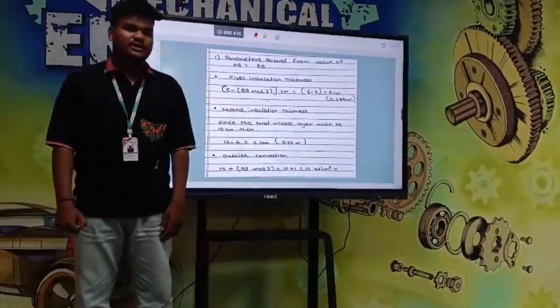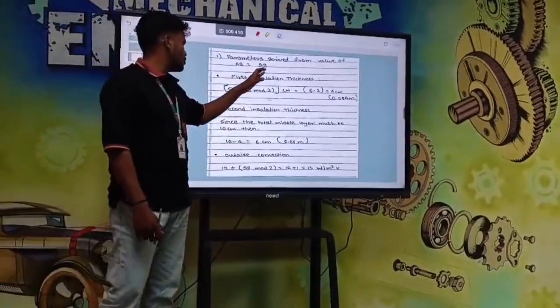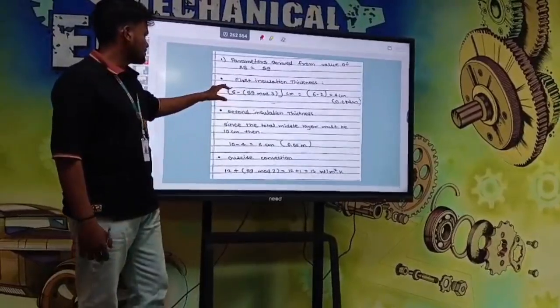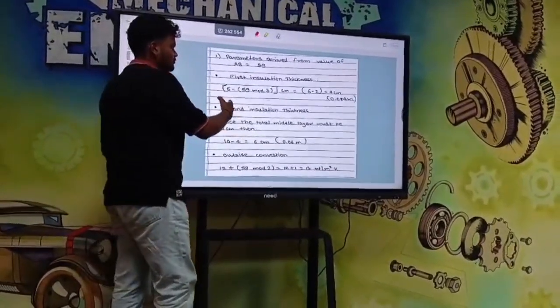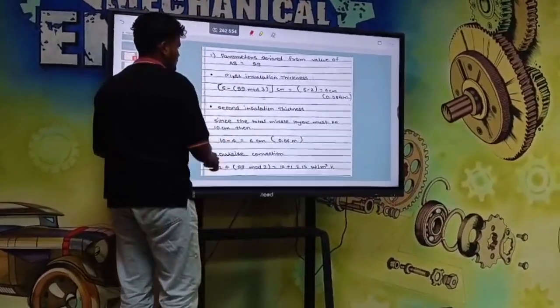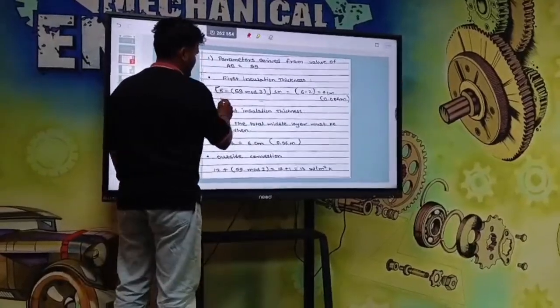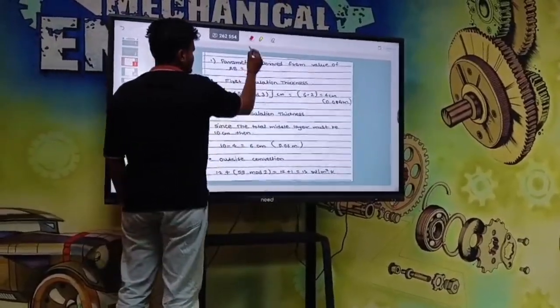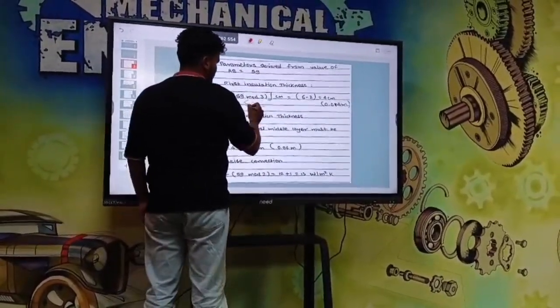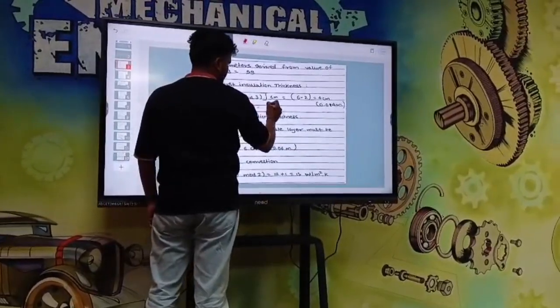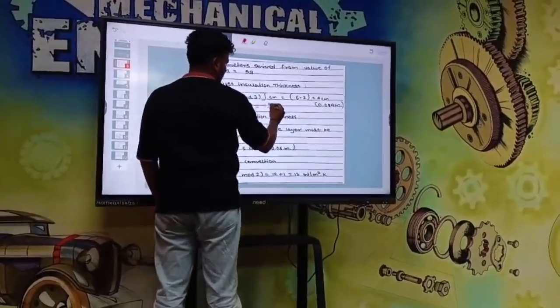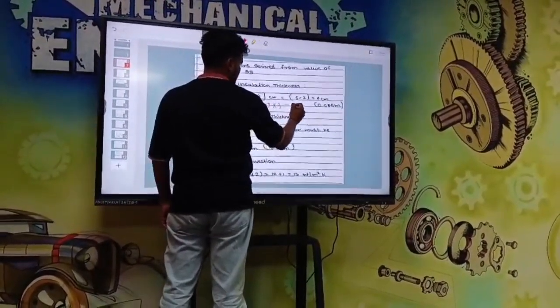The first number is 59, so I have taken the value of AB as 59. First I calculated the first insulation thickness. In that, 6 is constant, and 59 mod 3: 59 divided by 3 gives 19, and 19 into 3 leaves 2.